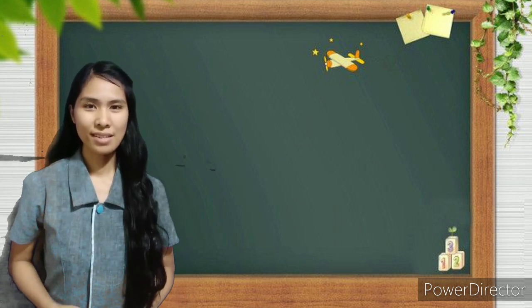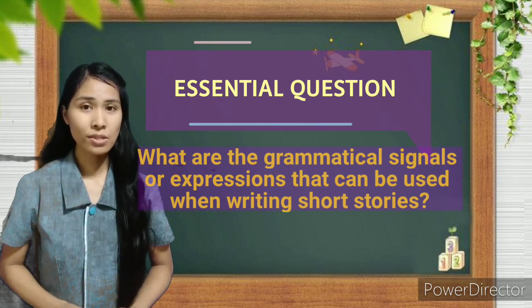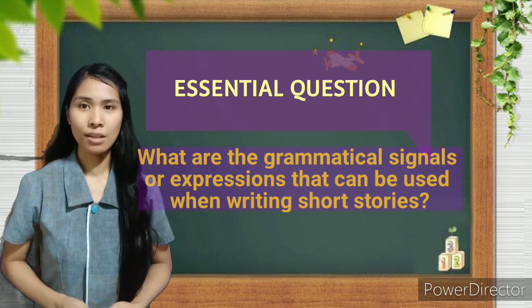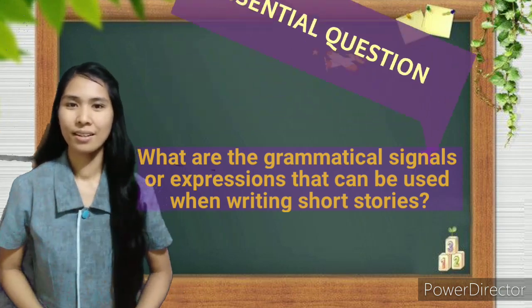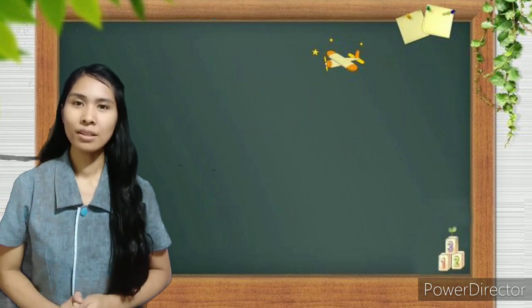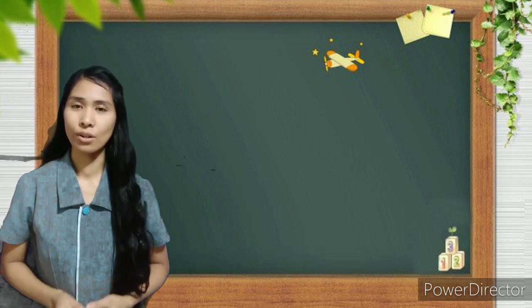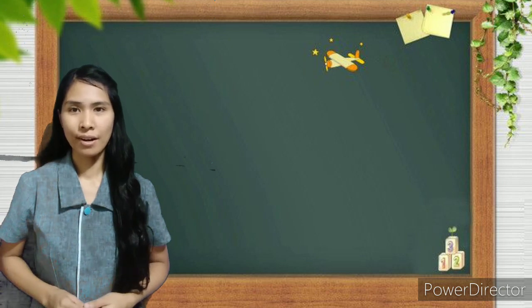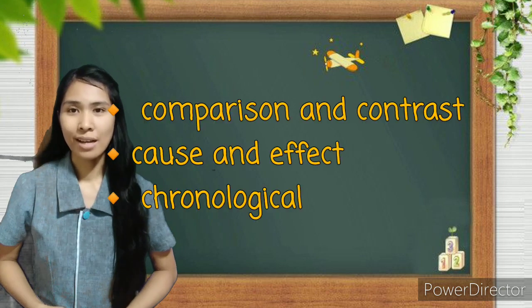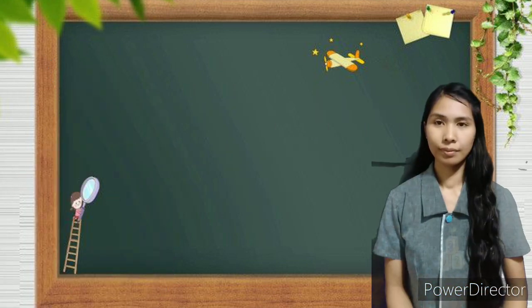Going back to our essential question, what are the grammatical signals or expressions that can be used in writing short stories? Yes, all grammatical signals and expressions can be used in writing short stories. However, the most helpful ones are comparison and contrast, cause and effect, and chronological.